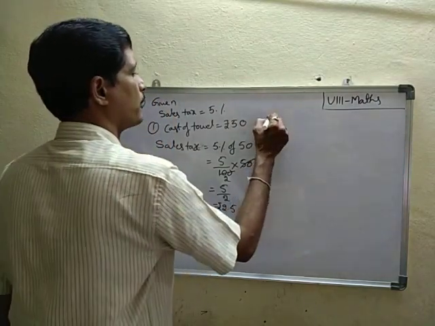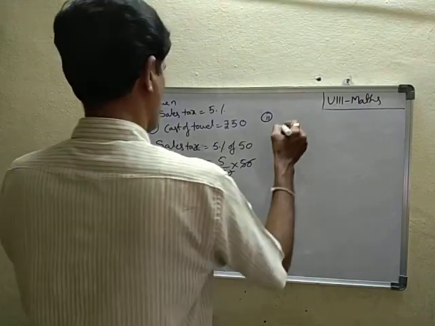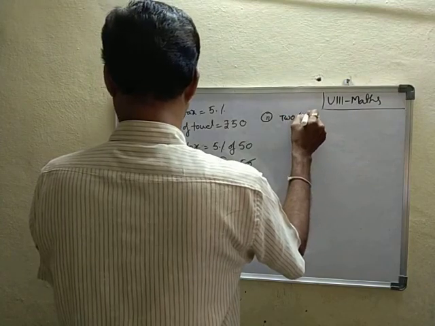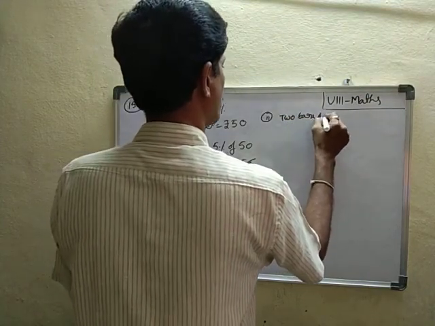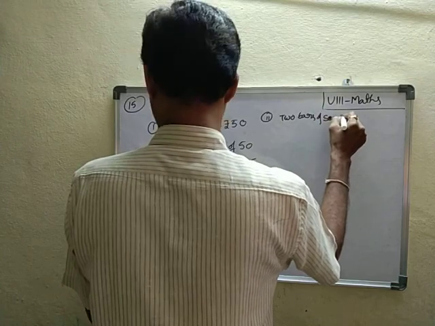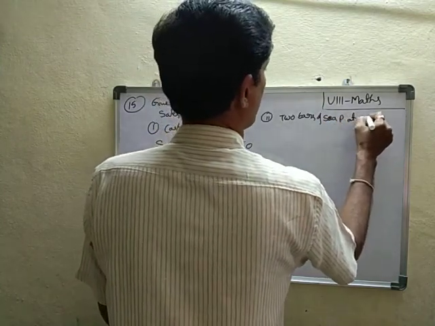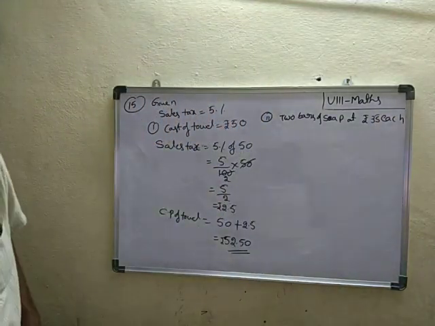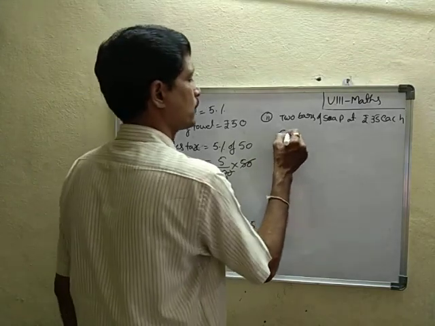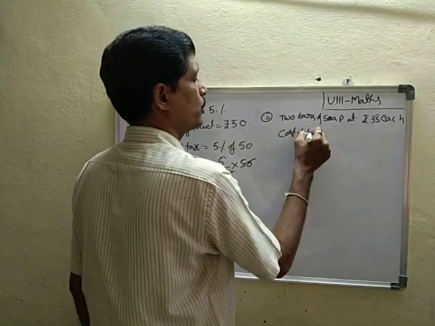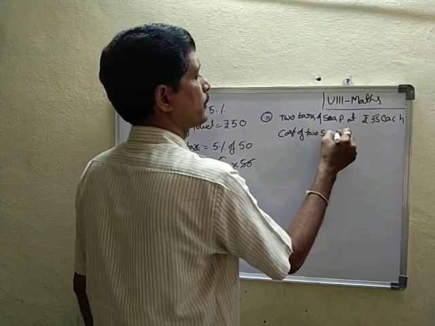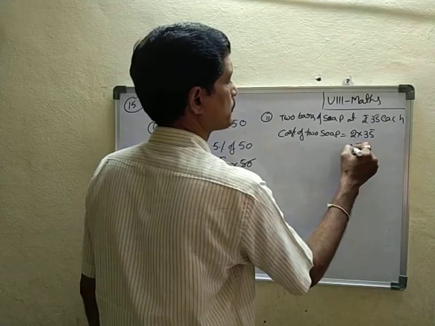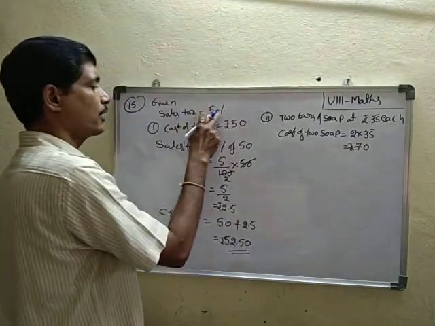Next one is what is given. Next, 2 bars of soap at 35 rupees each. Therefore cost price of 2 soaps, that equal to 2 into 35, that equal to 70 rupees. Here sales tax equal 5% is given.